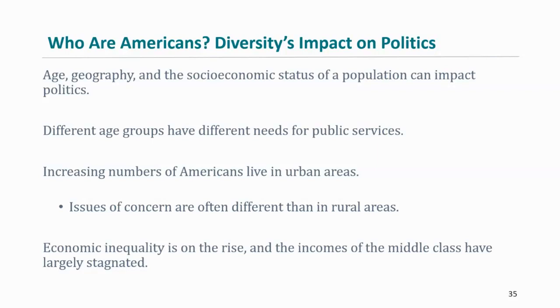Political issues for younger people are going to be different from older people, because they're in different stages in their life, and same thing with richer people, who are going to have different political needs and concerns than poorer people or the middle class. And as it mentions here at the bottom, sadly the middle class has stagnated, right? For the last couple of years, you all have been seeing the inflation, and how inflation has been an issue, and it's been affecting pretty much all of us, right?